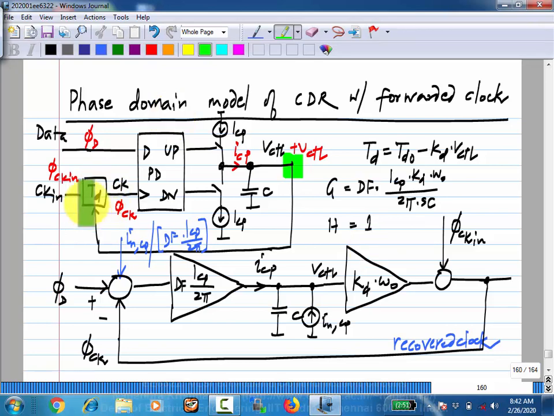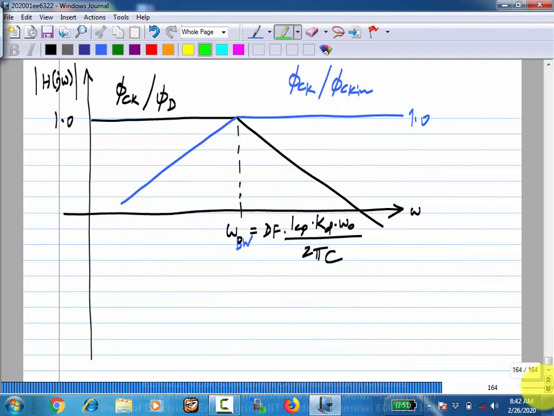The delay itself will have noise. You can imagine how you make a delay: you make a delay using, let's say, some inverters, and then you have some input. When the input crosses some threshold, the output starts rising, and then you will have a delay. Now there will be some input referred noise.